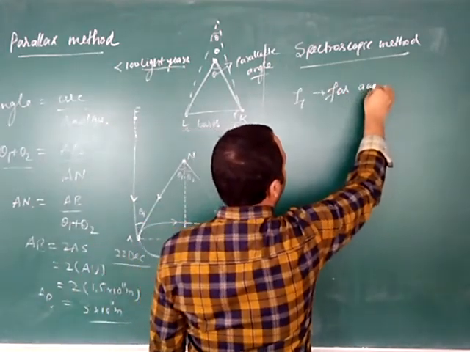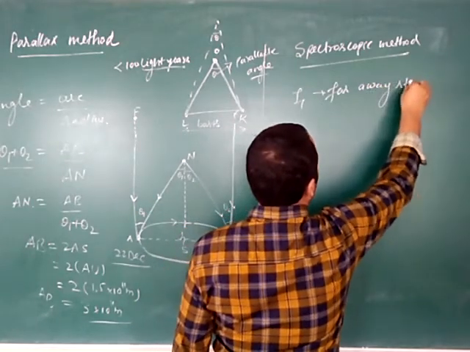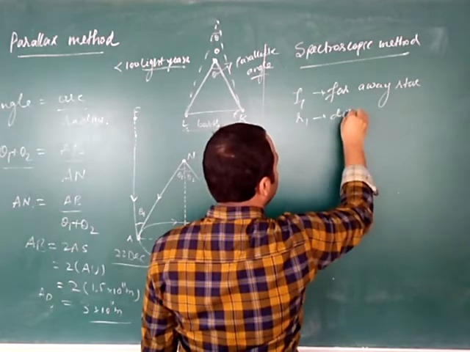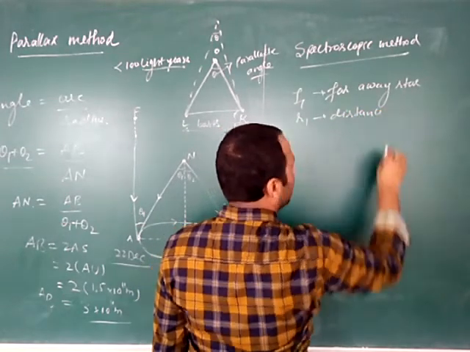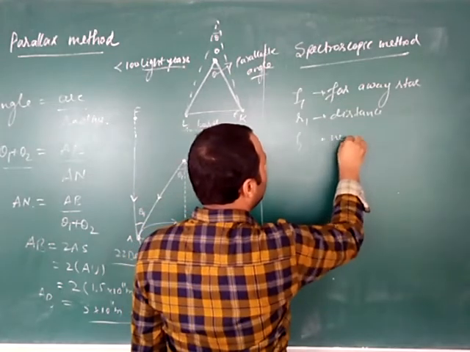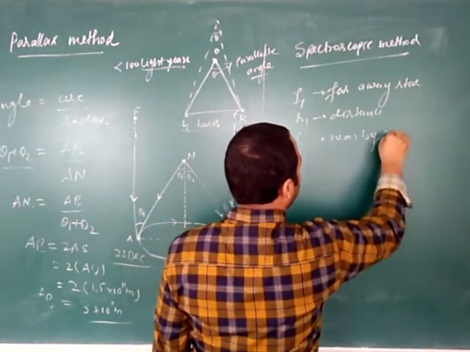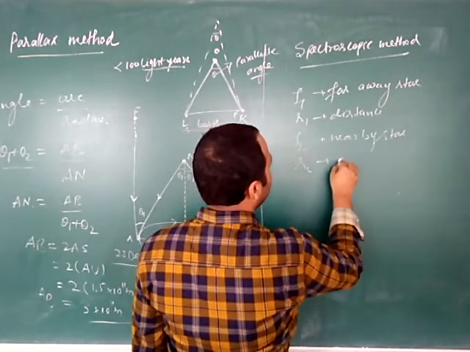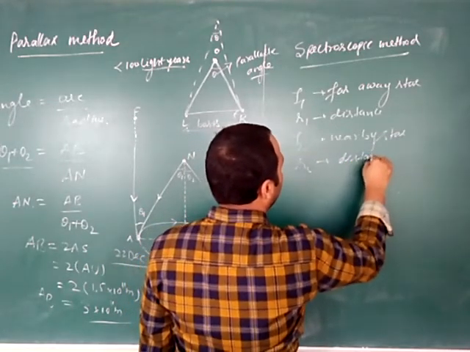far away star, and R1 is the distance of that star from the Earth, and I2 is the nearby star, and R2 is its distance from the Earth.